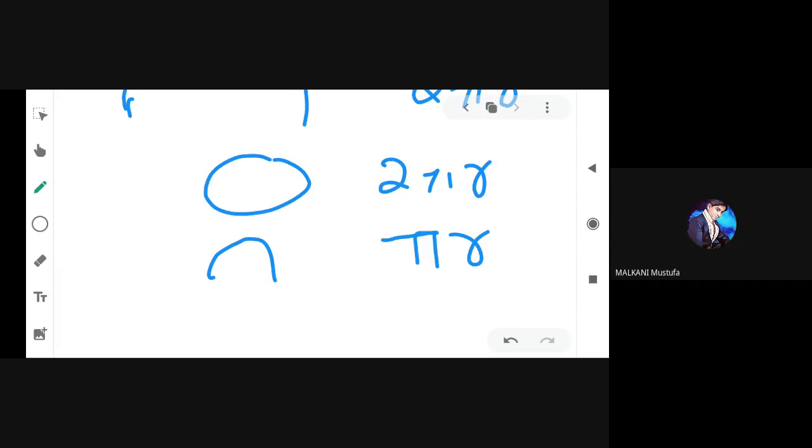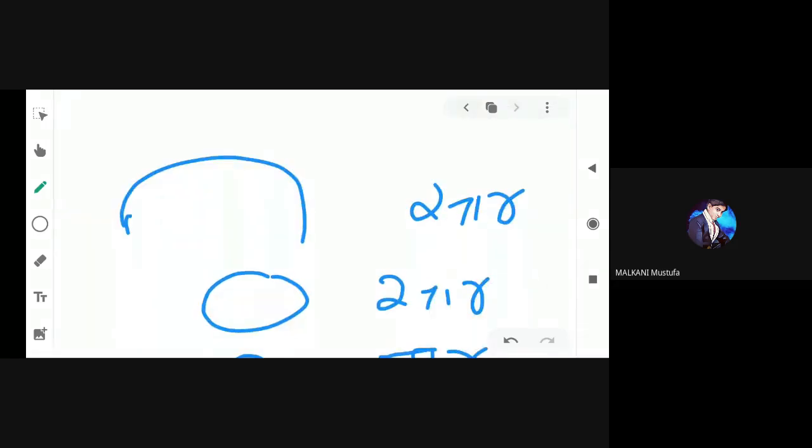Okay. Now you know very well if I join this line, it is a center point. So this line is known as diameter. Yes or no? Okay. So diameter means 2r. Diameter is twice its radius.